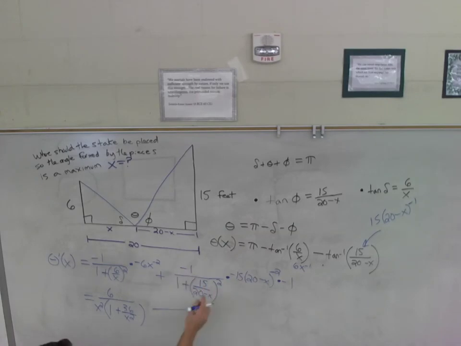Minus is minus 15 over 20 minus x squared, 1 plus 15 over 20 minus x squared there.